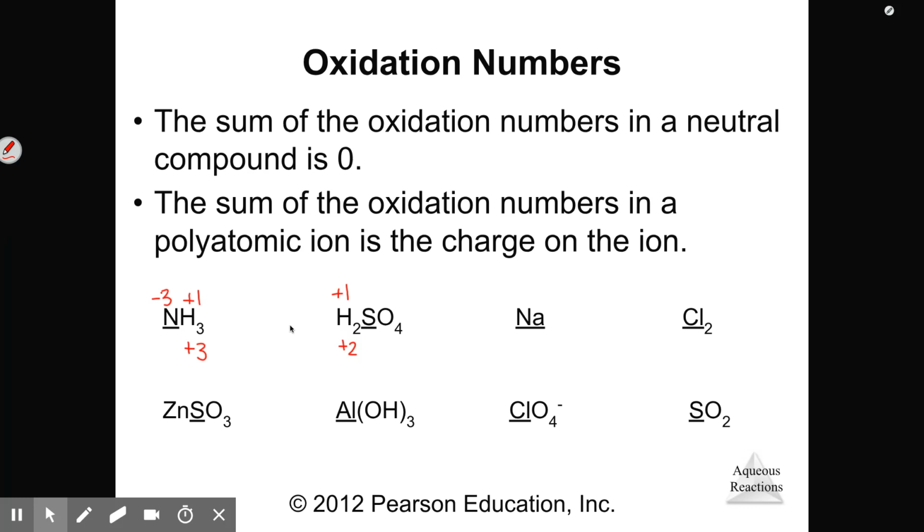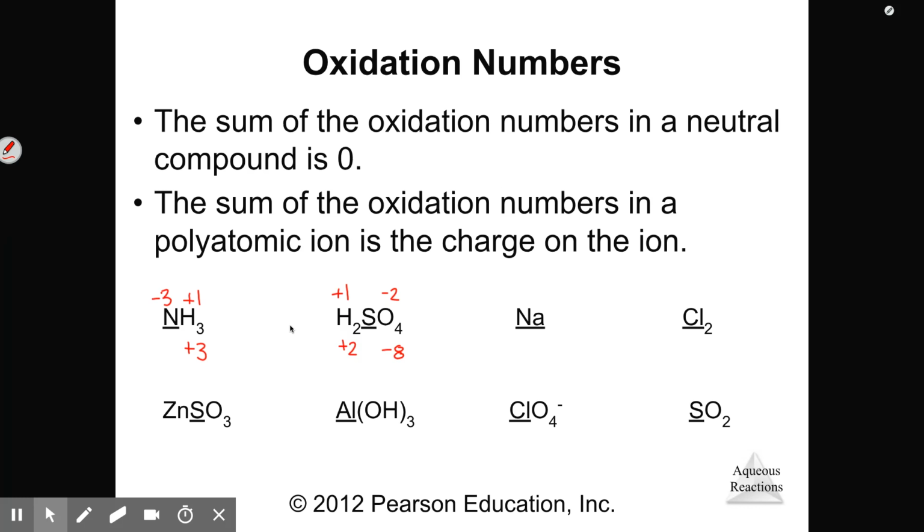My oxygen is always -2 unless it's hydrogen peroxide. This isn't hydrogen peroxide. So I have -2, but I have 4 oxygens. So that means I have a -8 overall. Now, if I want this to balance, I need to add those numbers up to 0. So my hydrogen equals a +2. My oxygen is -8.